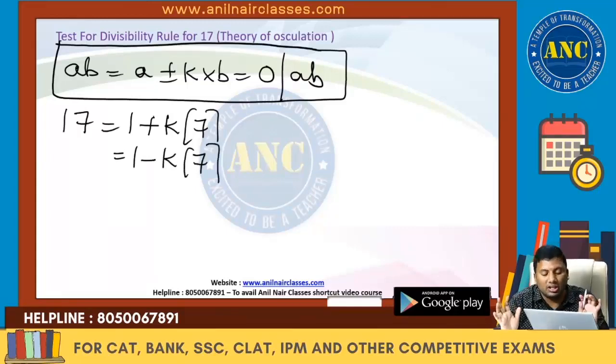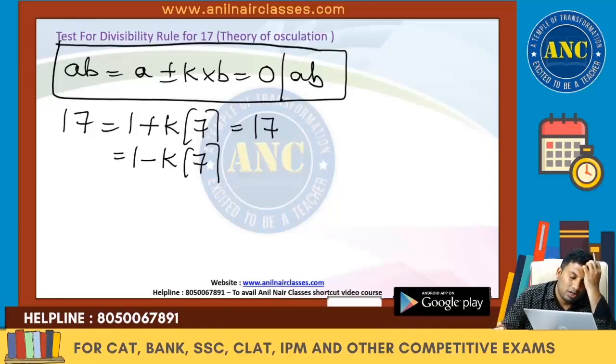Either it should be 0 or a multiple of 17. What should be the value of K? If I take K value 1, 7 plus 1, 8. K value 2, 14 plus 1, 15. K value 3, 21 plus 1, 22. K value 4, 29. K value 5.